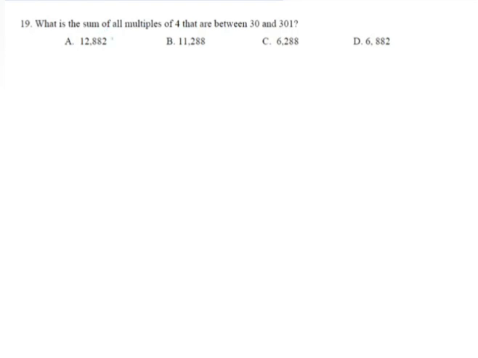So number 19 is also similar to 18. Here, what is the sum of all multiples of 4 between 30 and 301? So what do we do here? The multiples of 4 between 30 and 301: 32 is the first number which is a multiple of 4, then 36, 40, 44, and so on.